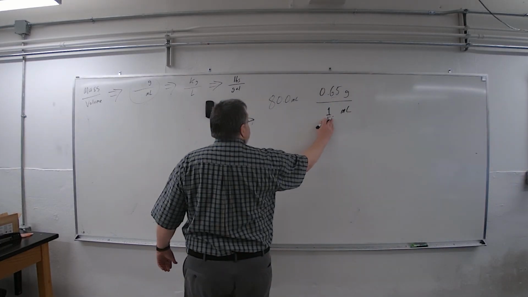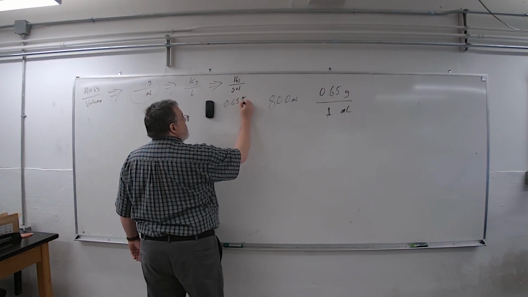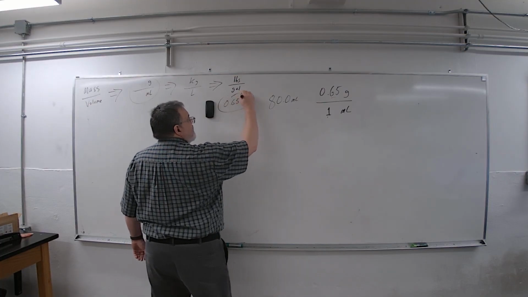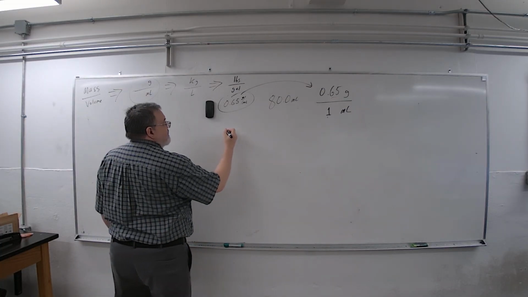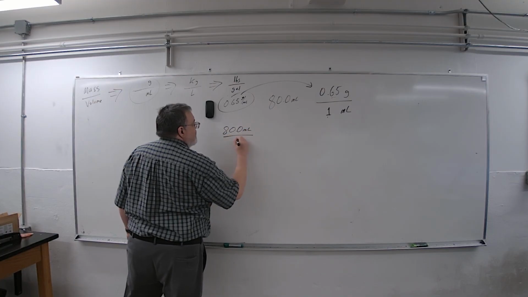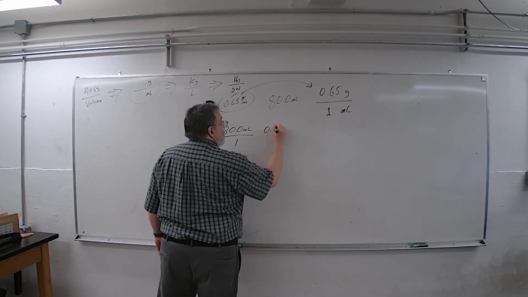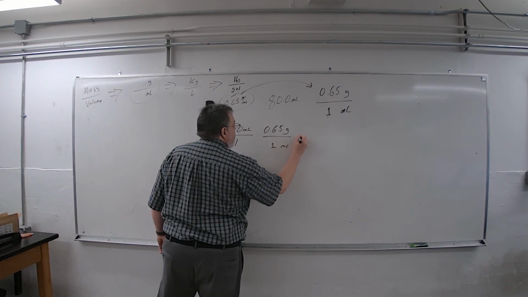If you're given 0.65 grams per milliliter, realize you want to turn it into a fraction, and then you're given milliliters, and now you're asked to give grams. So if I have 80.0 milliliters, and it's 0.65 grams to 1 milliliter, that's how you do it.